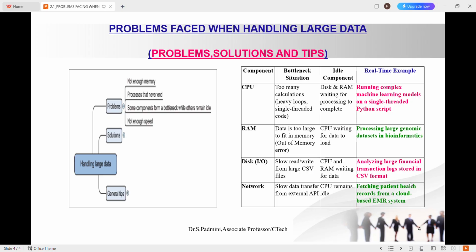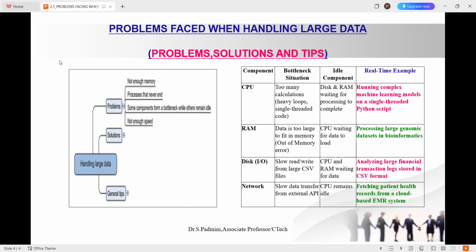The next example is fetching a patient health record from a cloud-based EMR system. There may be a slow transfer because we are getting the data from an external API, right? So at that time the CPU might remain idle.